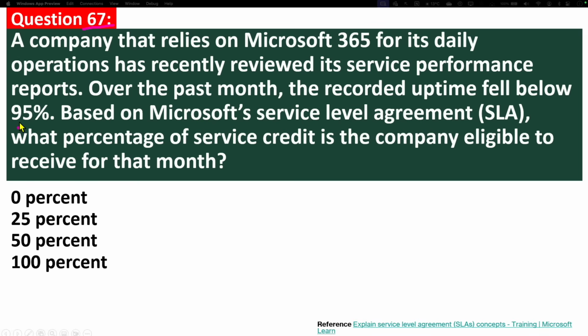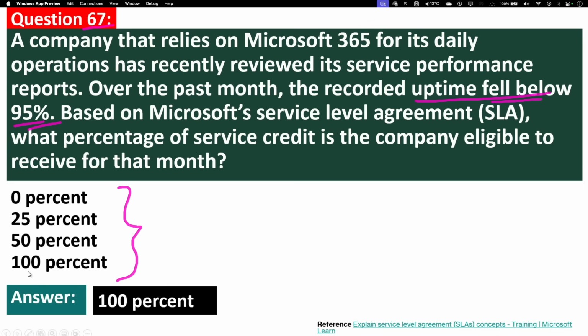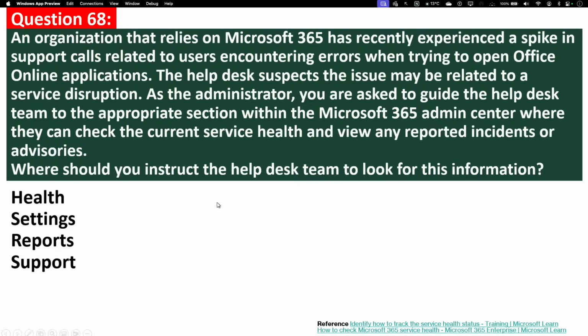So the key term here is fell below 95%. We discussed this already. Let's look at the options available and see if you can guess the right answer. I'm sure you can. The correct answer is if it falls below 95%, you will get 100% credit. So if a company experiences less than 95% uptime, it is eligible to receive 100% service credit for that month.